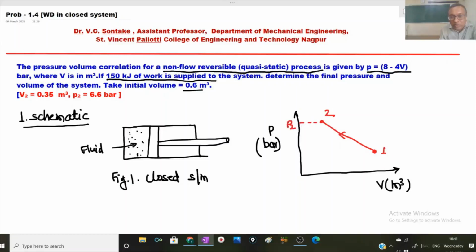P2, V1, V2, P1, and the characteristic of this curve is given by P is equal to 8 minus 4V.